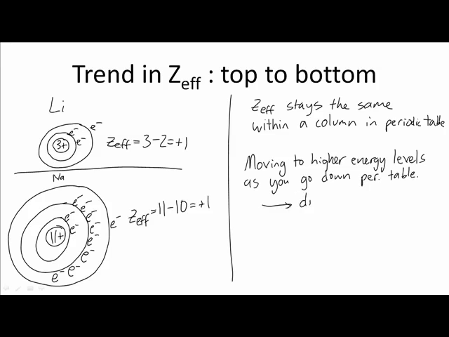So that means distance increases. So if you have same charge of attraction, greater distance, we said, what happens to the force? It gets weaker. So we have a left to right trend and a top to bottom trend, and they essentially go in opposite directions.